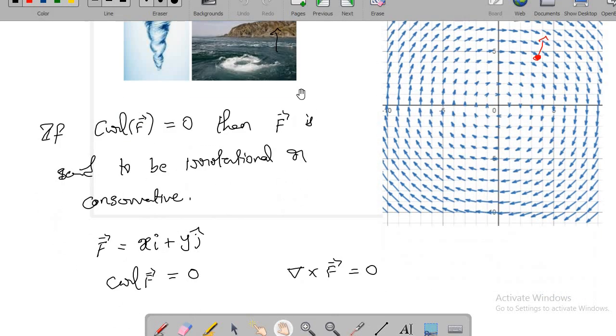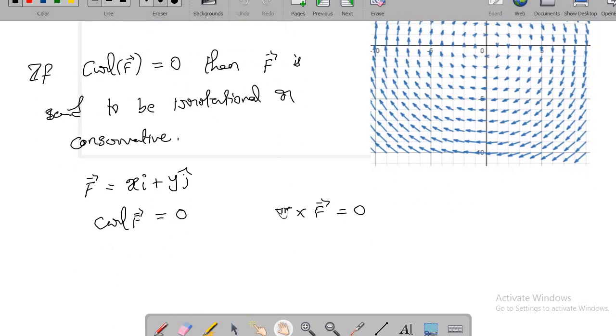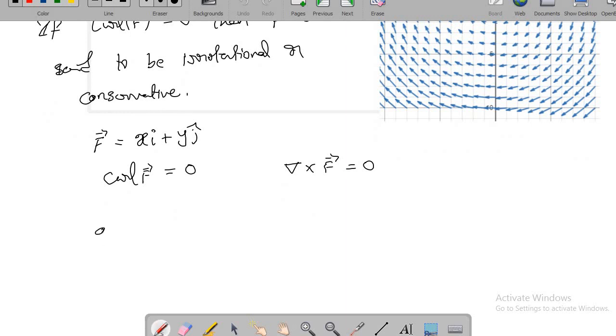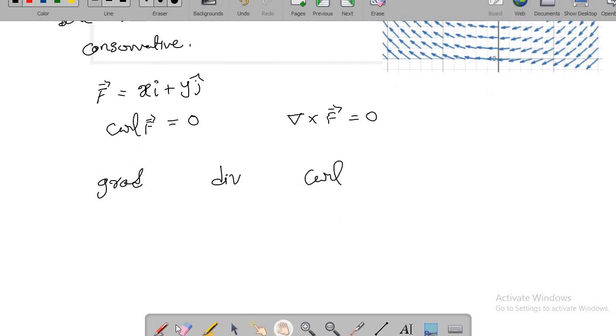And there is a strong relation between these three things: gradient, divergence, and curl. So one relation is this: curl of a gradient is always 0. Means curl grad phi is always 0.